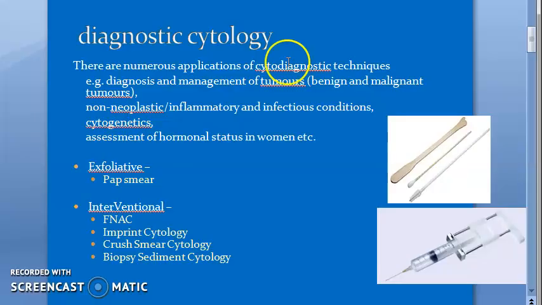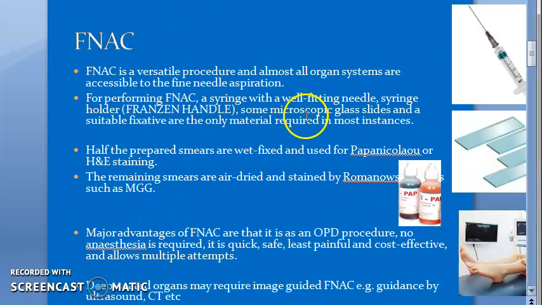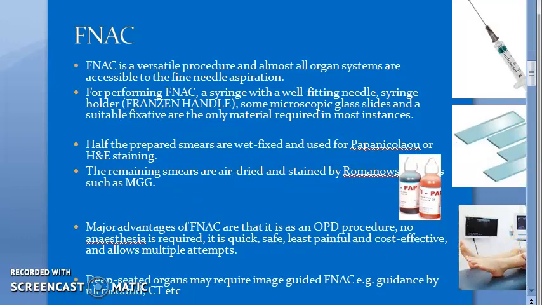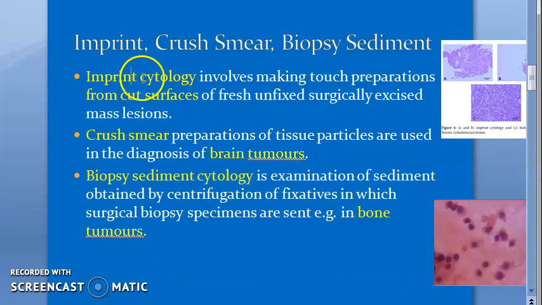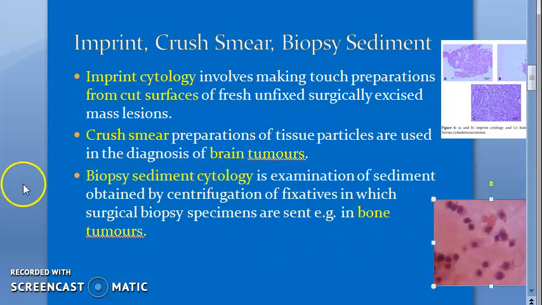Before we come to the details, just a word on the others. This is the diagram for imprint cytology. Then you have crush smear for brain tumor, then biopsy sediment cytology for bone tumor. So these names at least you should know.